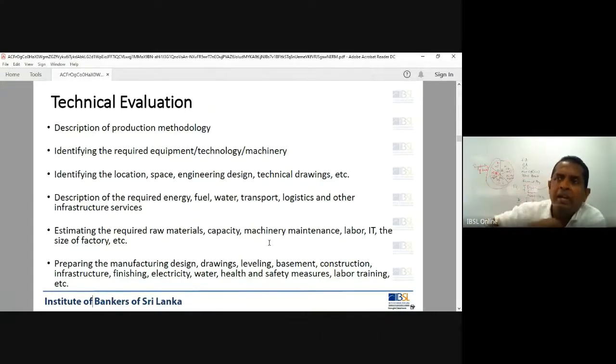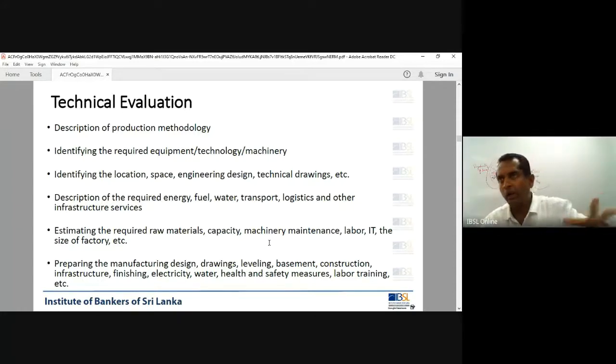You can't break it and restart. You can, but your startup cost would be much higher. Right? So this kind of things. Then based on the technology we are going to use, the production methodology you are going to use, we will decide on the technology and the equipment.